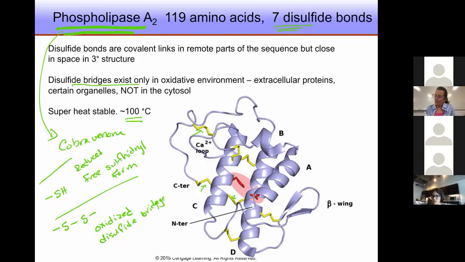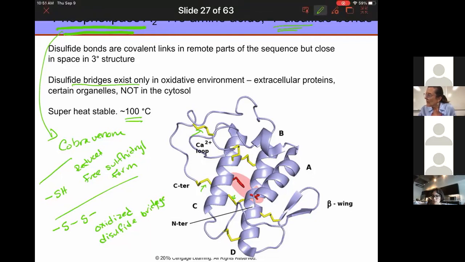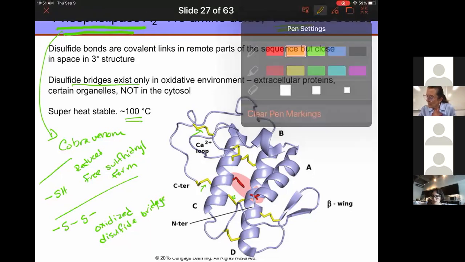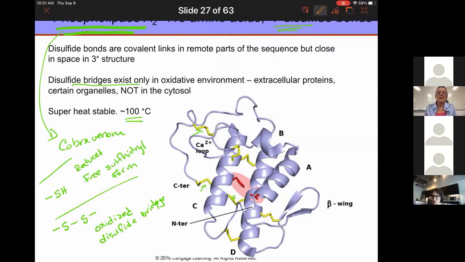Oops, bridge. Now, it turns out that the interior of the cell is a reducing environment.